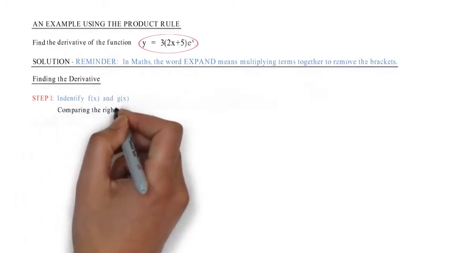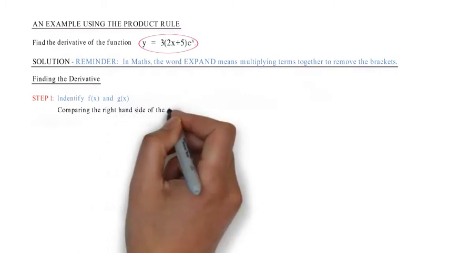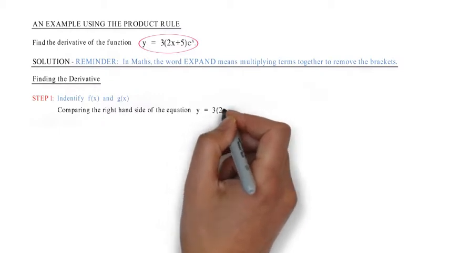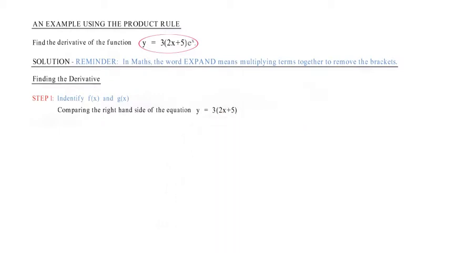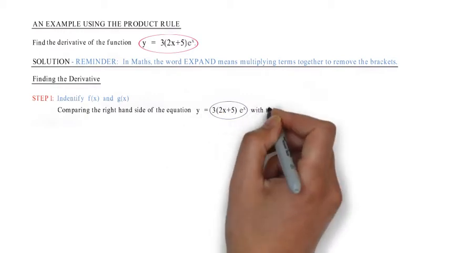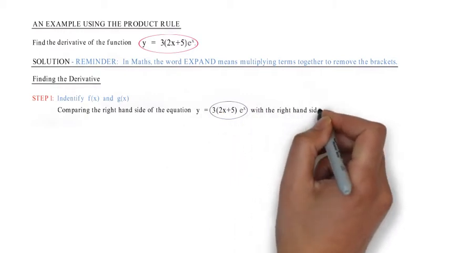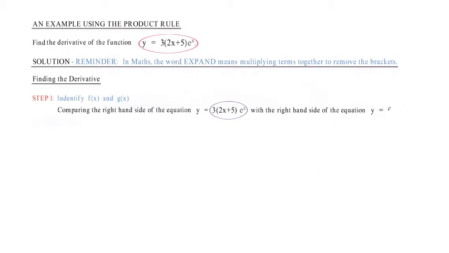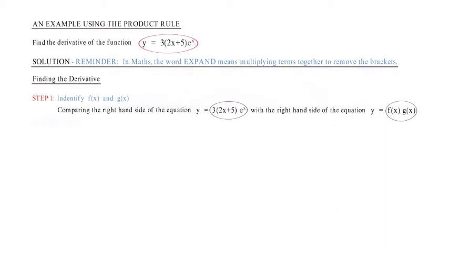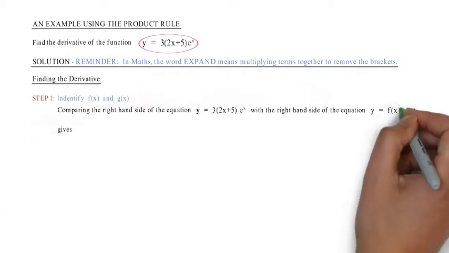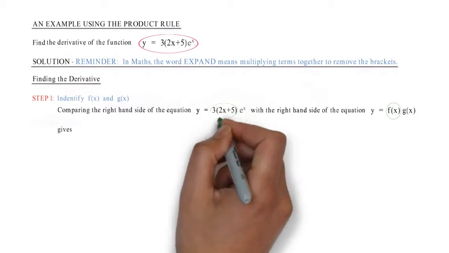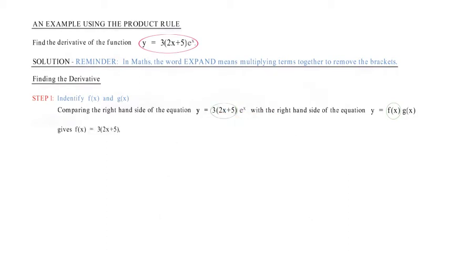Comparing the right-hand side of the equation y equals 3 into 2x plus 5 times e to the x with the right-hand side of the equation y equals f(x) times g(x) gives f(x) equal to 3 into 2x plus 5.